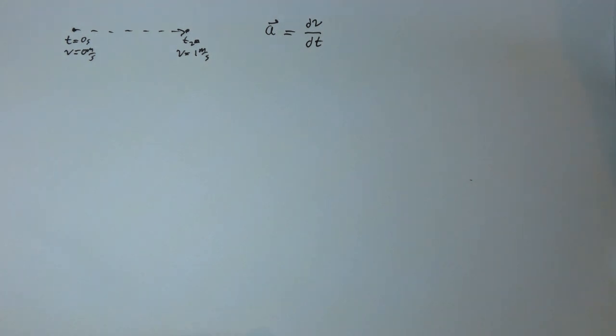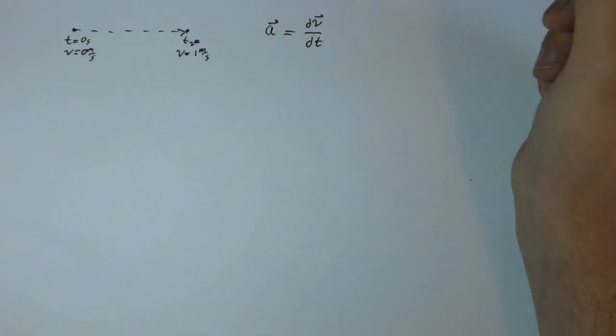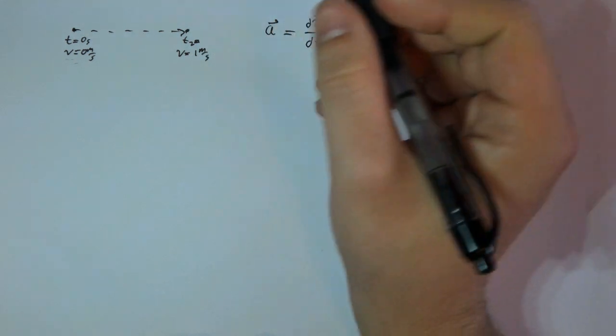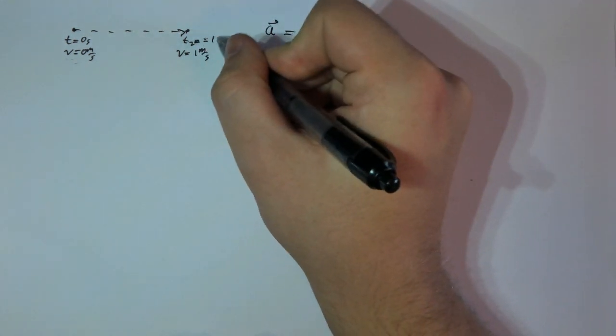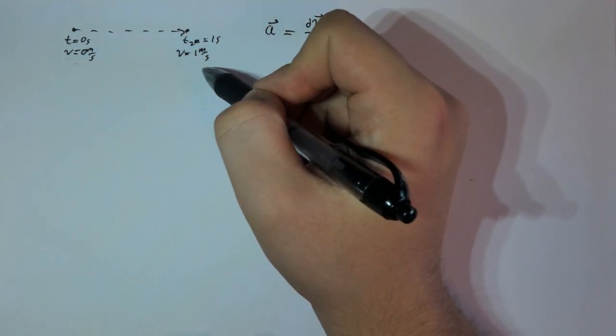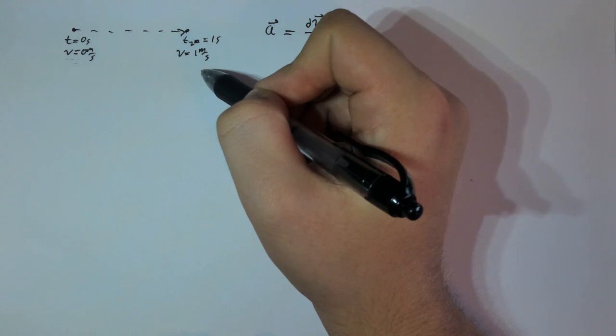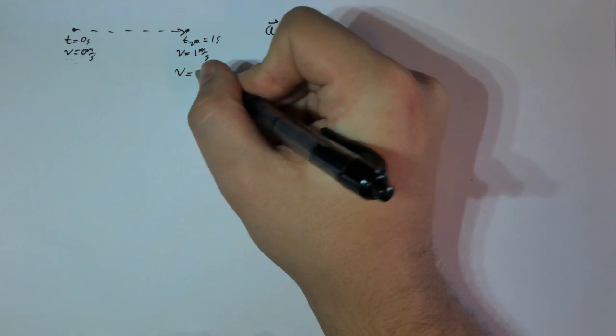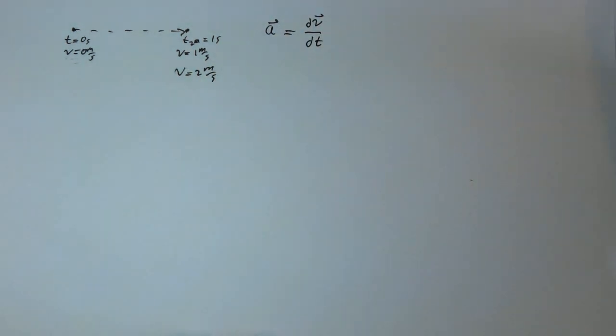So you can think about it as a velocity of a velocity. So it's how fast your velocity changes over time. So if t2 is 1 second and your velocity goes from 0 to 1 in 1 second, then your acceleration is 1. If it changes to 2 meters per second, then your acceleration doubles.